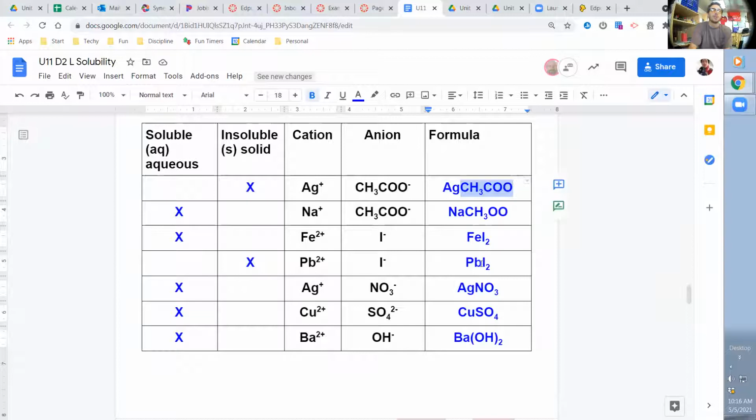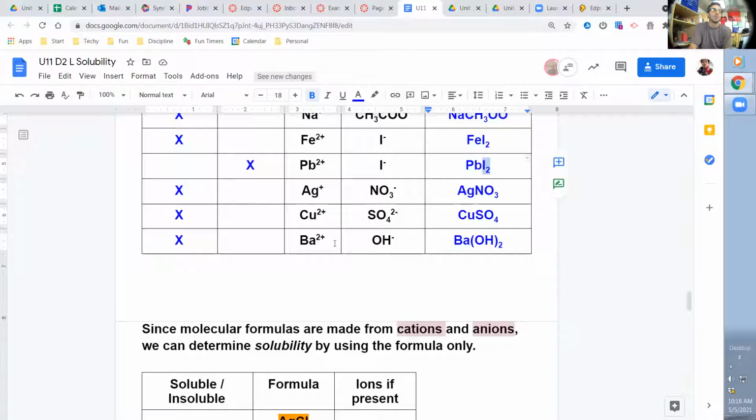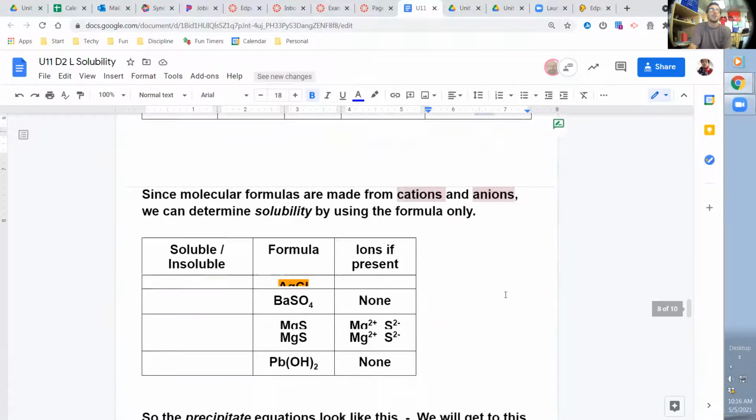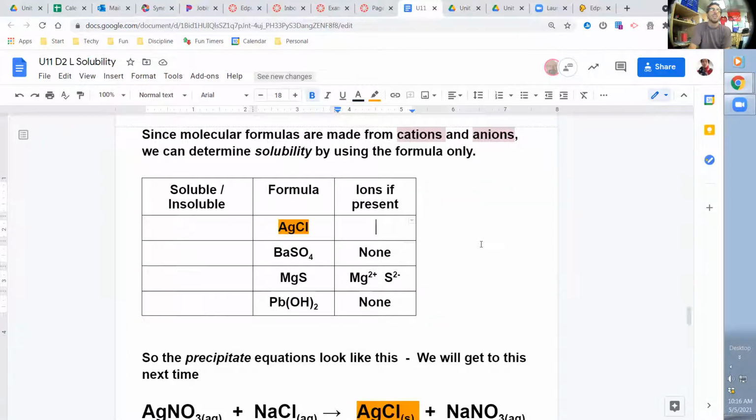Or for example, here you can see that this is made of lead and iodide, meaning that this is insoluble, and so on and so forth. You can see that this is barium bonding with 2 hydroxides, so you can determine that that's soluble. So if I just give you the formula, I'm going to put these answers in here soon.